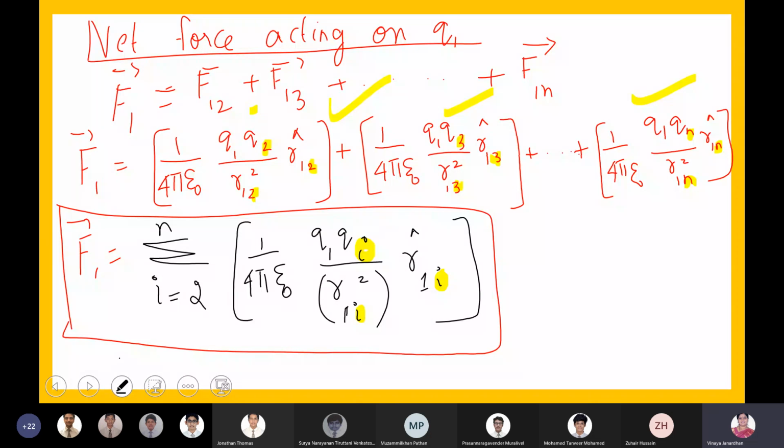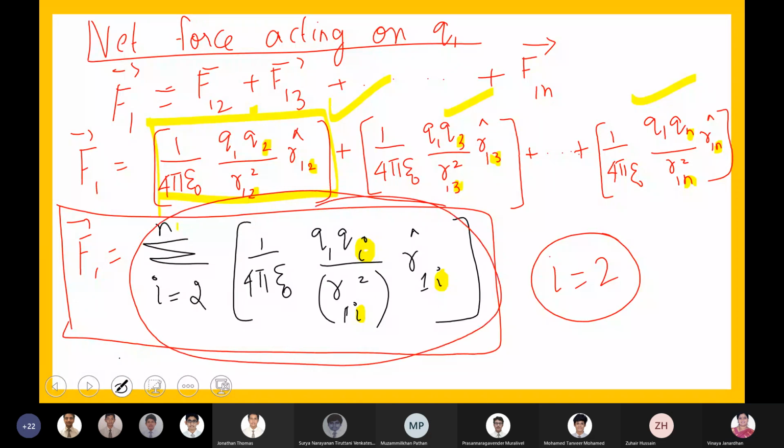Sum over means what? When i takes the value 2, this entire final expression becomes equal to the first term in the above equation.